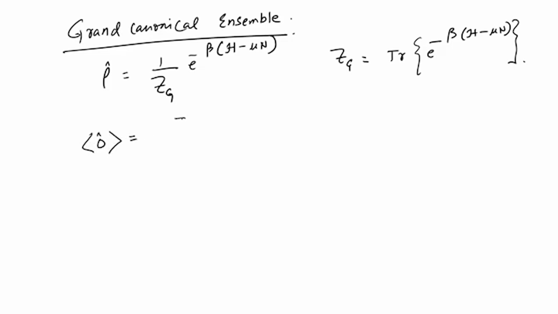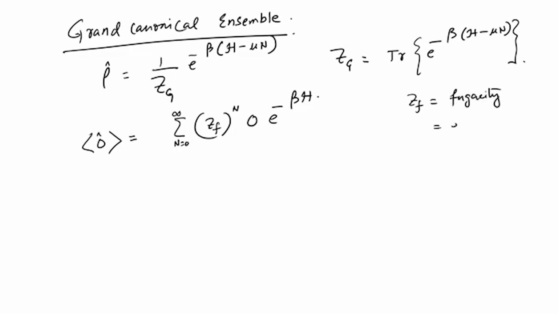And again, for the expectation value of any operator, we now need to sum over n equal to 0 to infinity. We have introduced this fugacity factor, and then exponential minus beta H. This mu n is absorbed in the fugacity factor, because Z F, which is called the fugacity, we have introduced before, and this is equal to exponential beta mu.